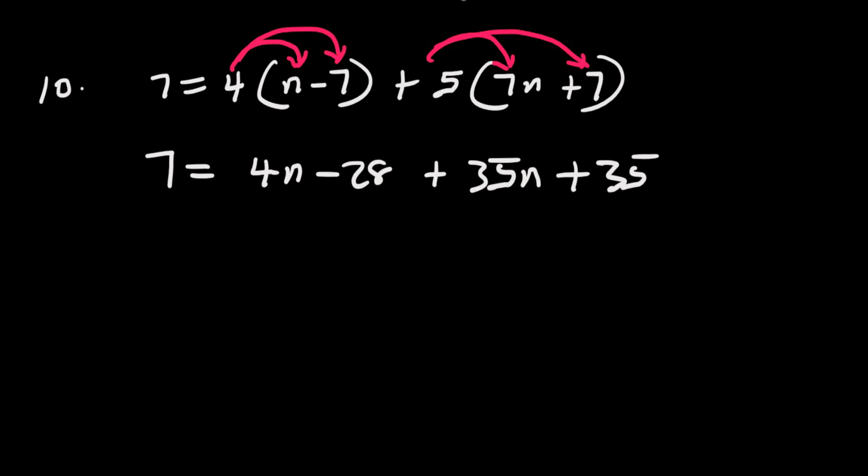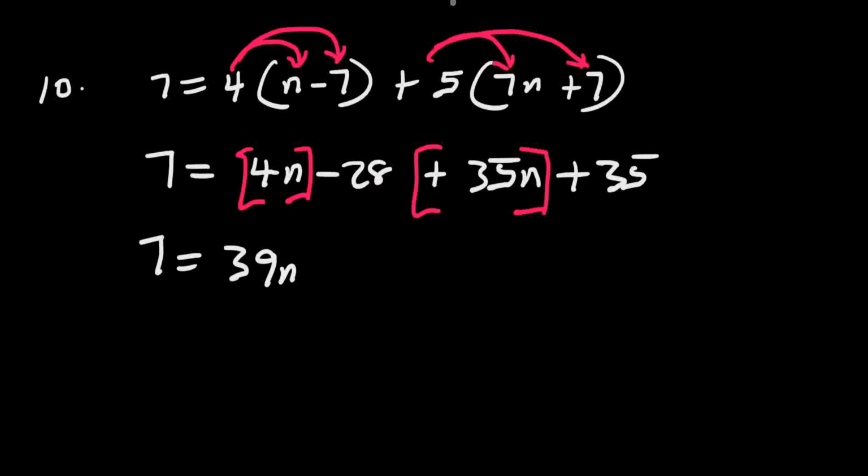So now we can combine like terms on the right side, and as you can see, we have 4n over here, and also we have positive 35n. So if you combine both of them, that automatically is going to give us 39n. So we have 39n.